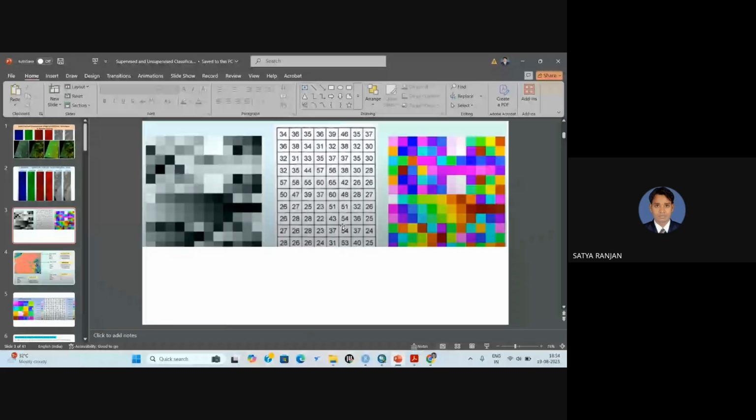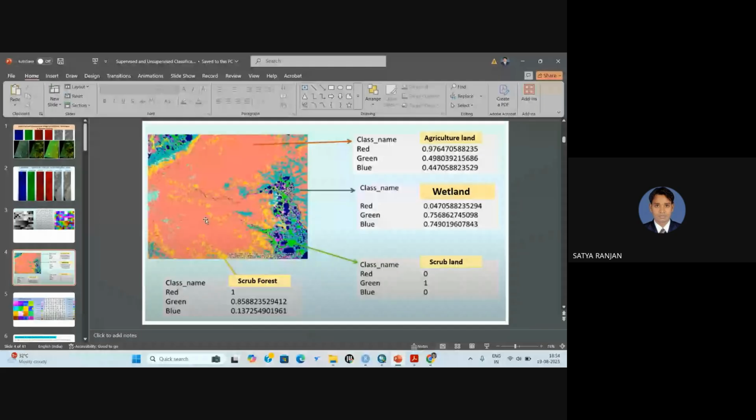Based on these values and the neighboring values, different features are identified. Then it creates different features based on the reflectance values of the raster image. Suppose this is agricultural land, then a wetland, then a scrubland, then scrub forest.